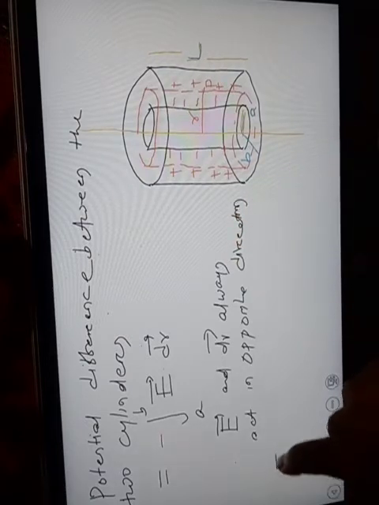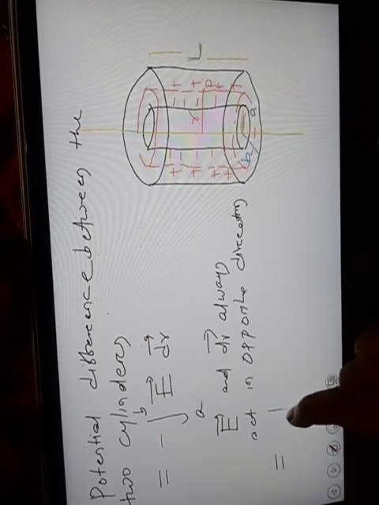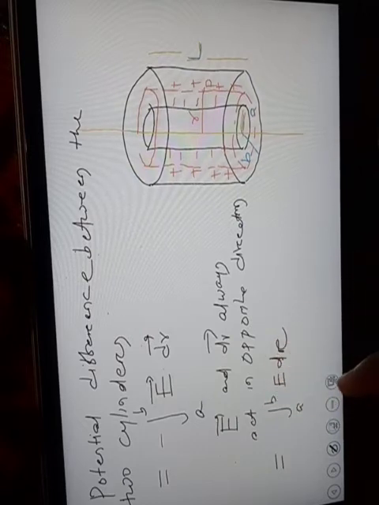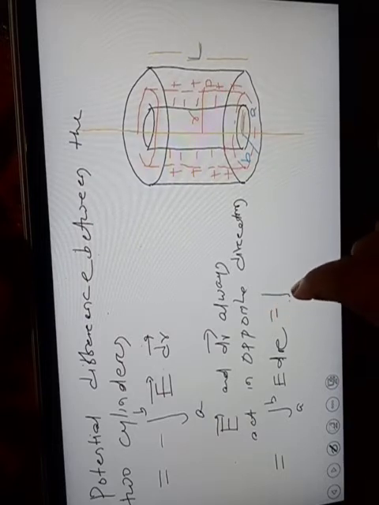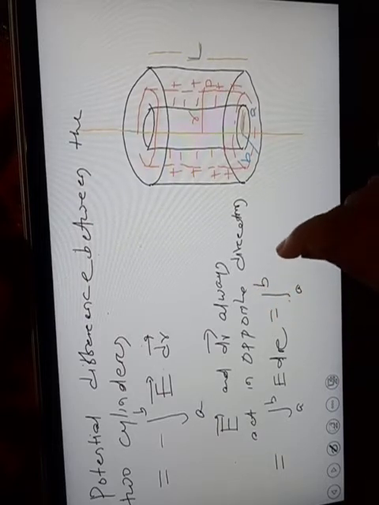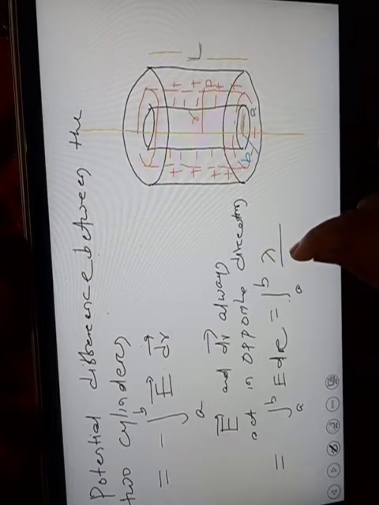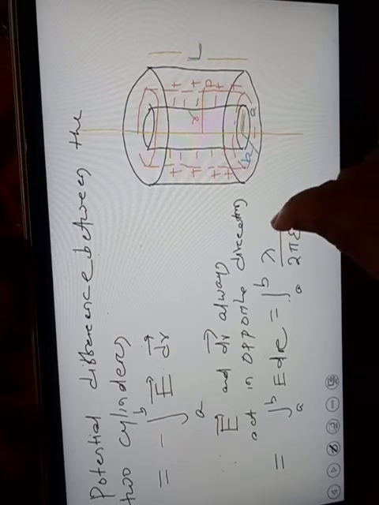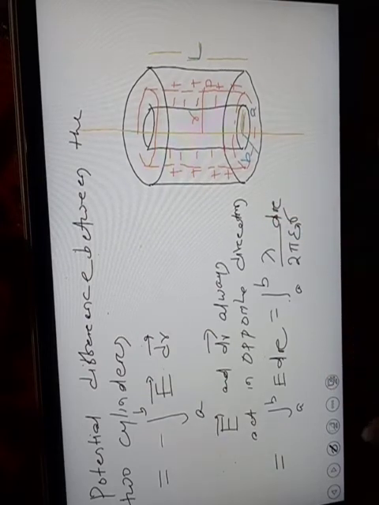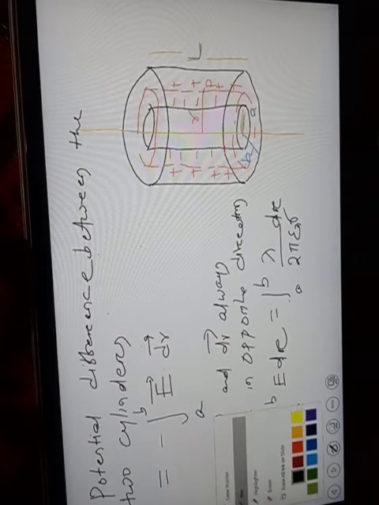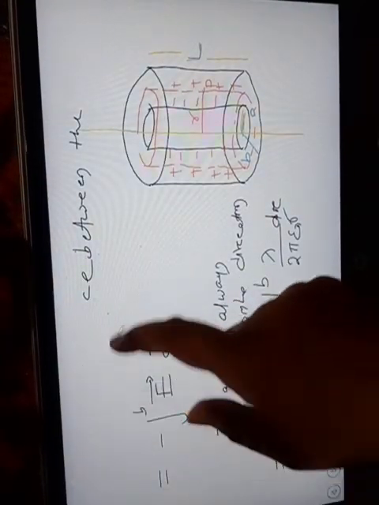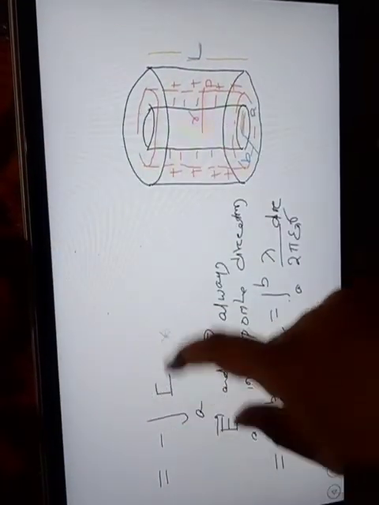So integration from A to B of E dr, and what is the value of E? Lambda by 2 pi epsilon 0 r, dr. This value is the potential difference V.